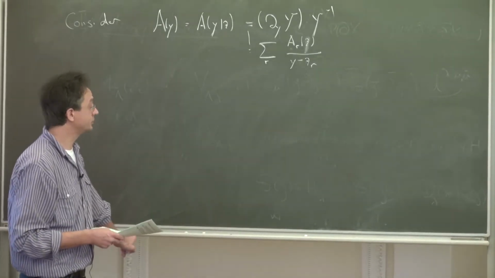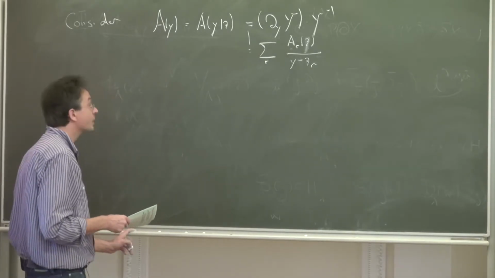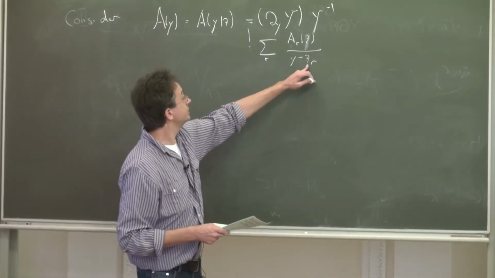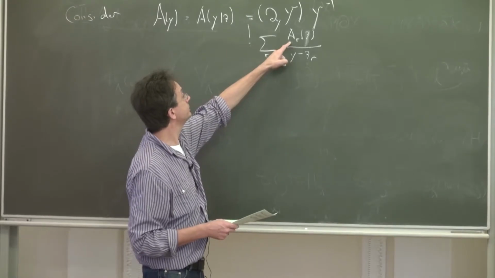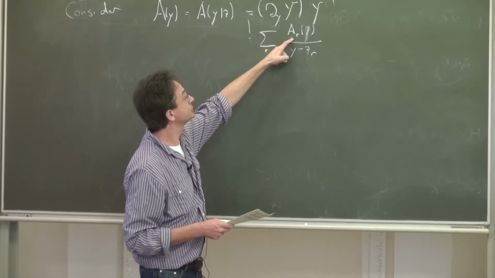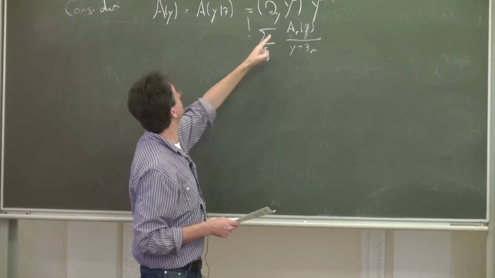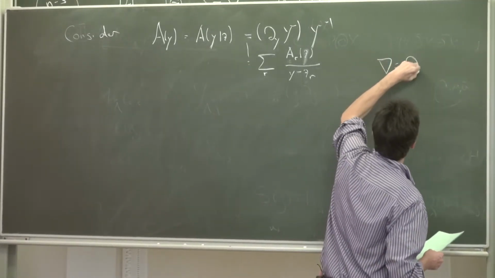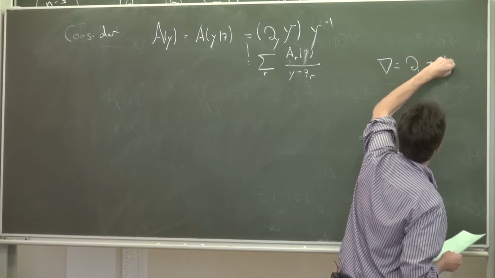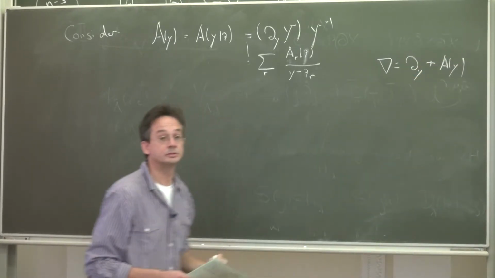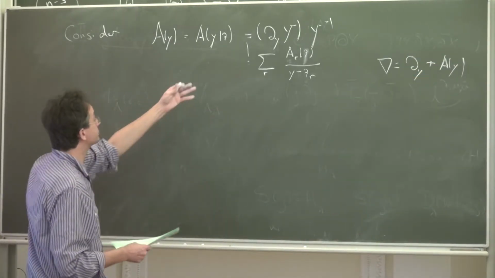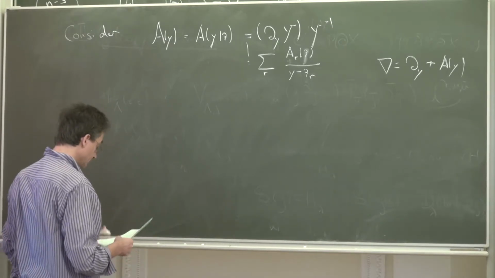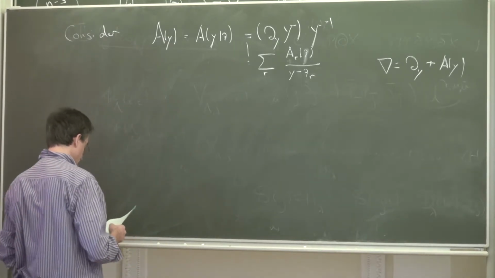And this is all I need to use to conclude that if I vary the z's, then this must change in such a way that the monodromy of the connection defined thereby, the connection say nabla equals dy plus A of y, stays constant. So this means these must deform in an isomonodromic way.